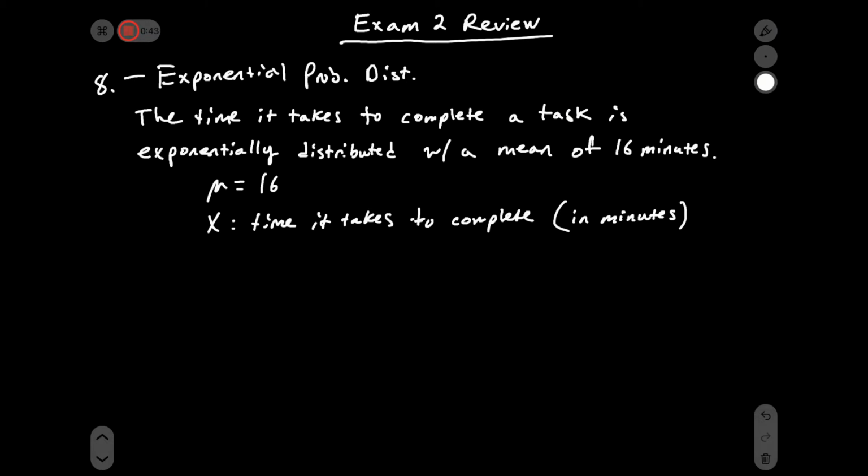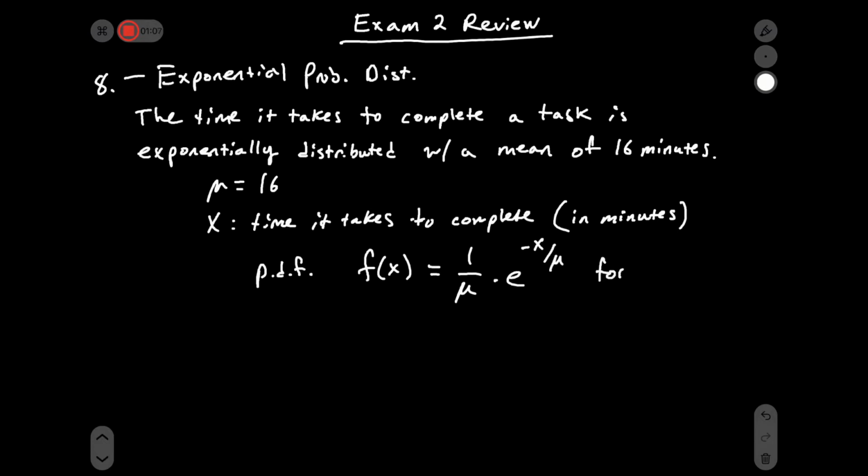We're working with an exponential probability distribution, so it's probably important that we recall what the PDF of this probability distribution looks like. This is f of x equals 1 over mu times e to the power of negative x divided by mu.